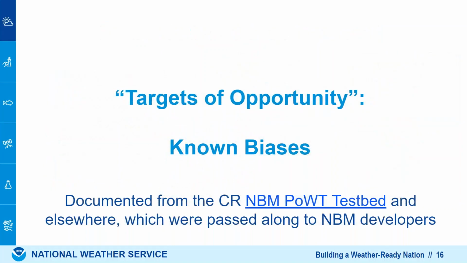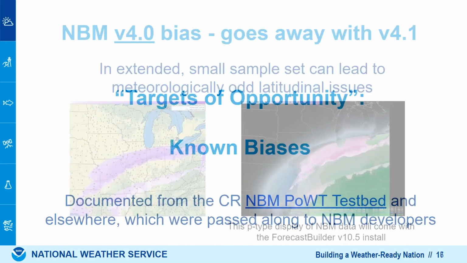So let's talk a little bit about some known biases. We had our NBM PoWT test bed and developer report, and a lot of these findings were passed along to NBM developers, which helped feed what's going on with version 4.1 and the improvements there.